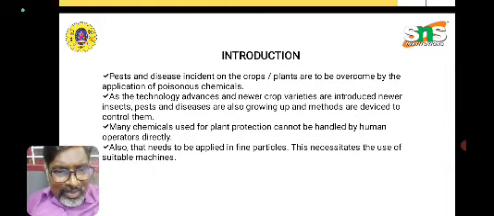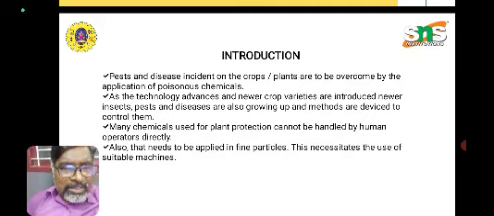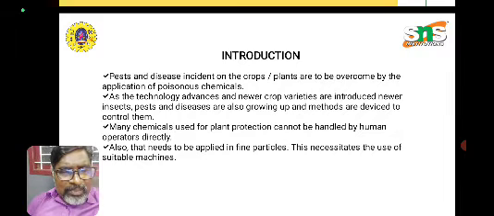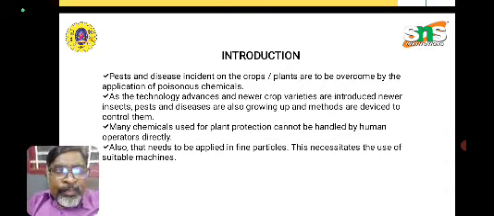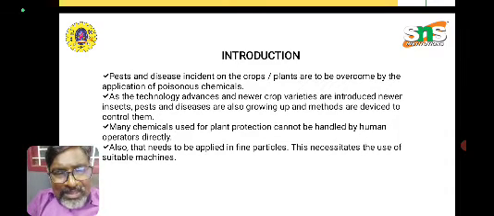We want to protect our crop from these enemies. Pest and disease incidence on our plants ought to be overcome by the application of poisonous chemicals. Only by means of application of these poisonous chemicals is it possible to overcome the weeds, pests and diseases which affect our crops.